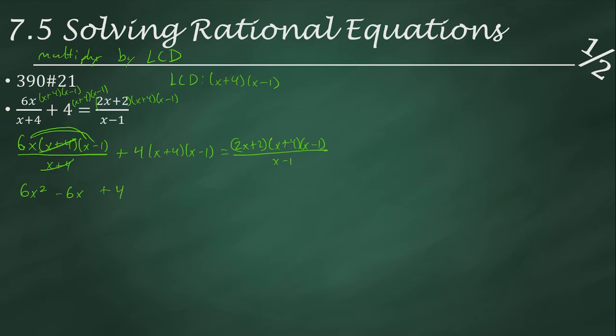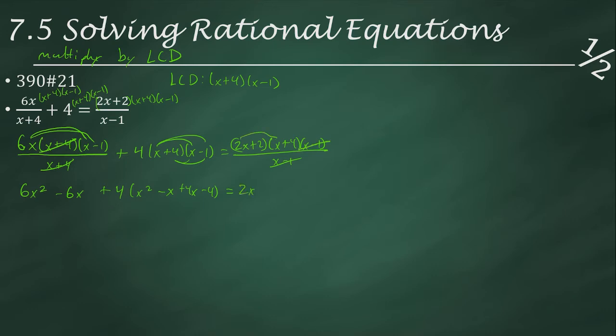Here, let's multiply the binomials first. That'd be x squared minus x plus 4x minus 4. We'll distribute 4 in the next step. And then here, the x minus 1s cancel, and we can distribute what's left.